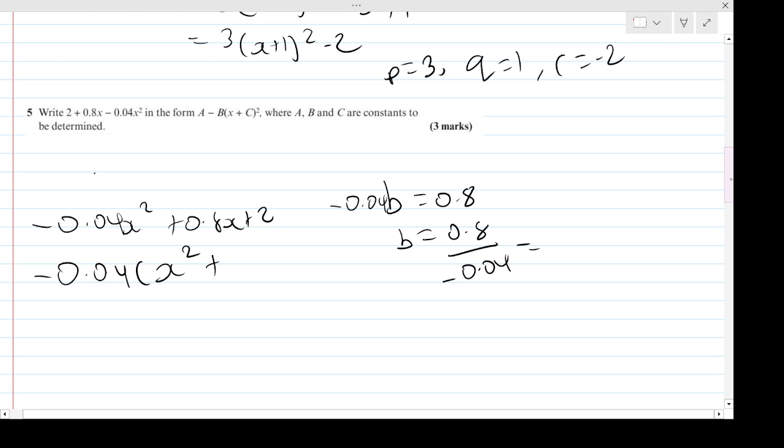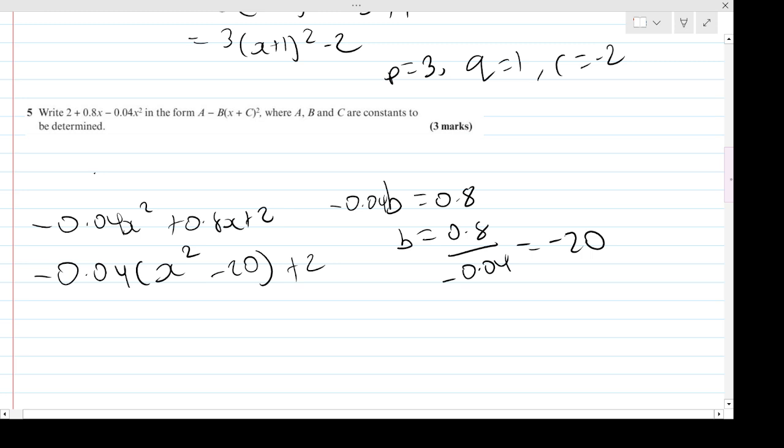And if you work that out on the calculator, that would be 20. So it'd be minus 20, so that we can put in here. Cool. And then we add this plus 2 at the end, right? We don't need to worry about that, it's just a number we add on at the end.